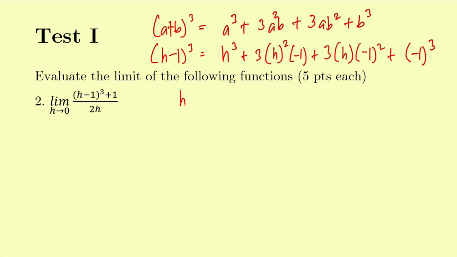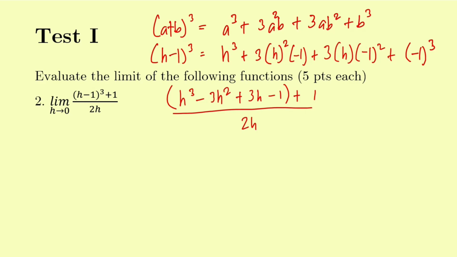And that's equal to h cube plus, minus 3h squared. This one is negative 1 raised to 2, which is equal to positive 3h, minus 1. Kasi negative 1 raised to 3 is equal to negative 1. Plus 1 all over 2h.